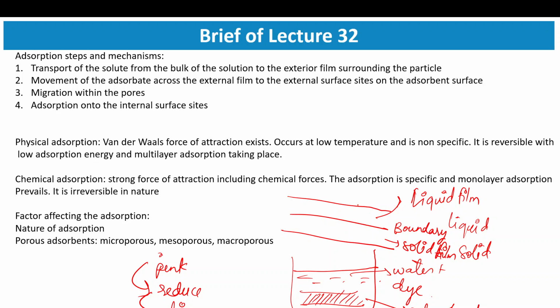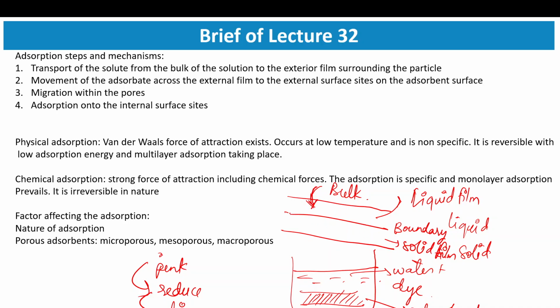So there are a number of steps involved. First, let's say this will be the bulk, right? From the bulk, it will go to the exterior film which is surrounding the particle.